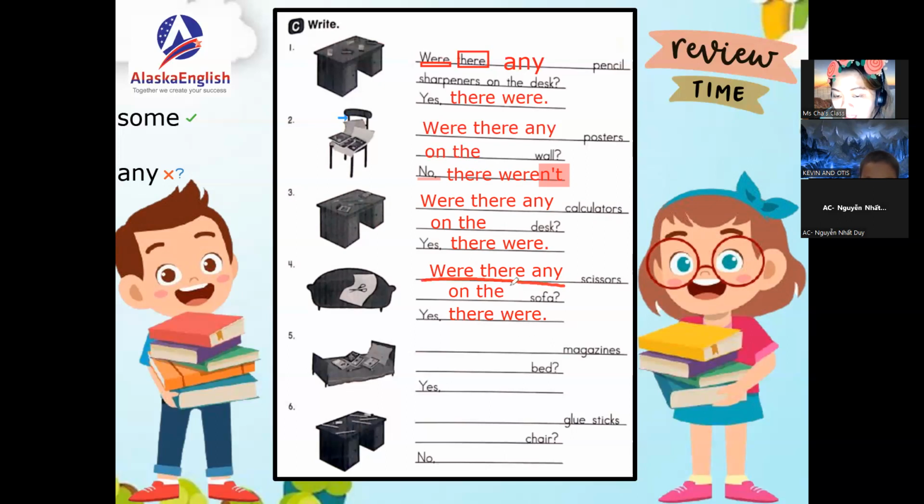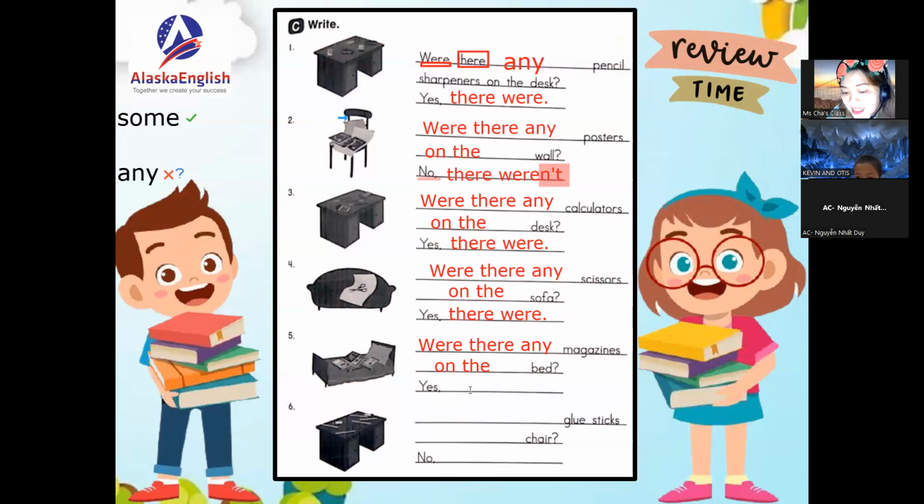Were there, you just follow the pattern, Otis. We already have a pattern on top. How can you read that one? Were there any magazines? Preposition of place, on the bed. All right. What is the answer? The answer is yes.